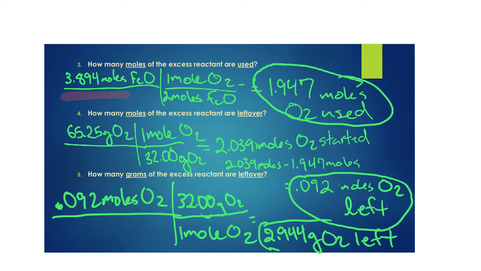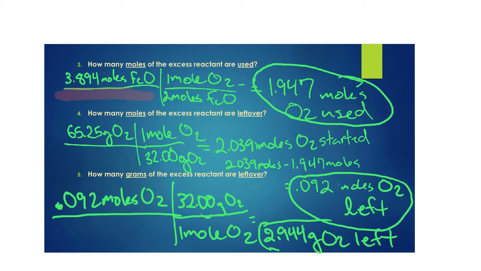We already solved for moles of iron oxide, and so I can use that known ratio to convert that into oxygen, and so that's going to tell us how many moles of oxygen we used. And then from there, it was as simple as converting that into grams, or taking what we had started with, which was in grams, converting that into moles, and then subtracting these two values to figure out how many moles we had left.